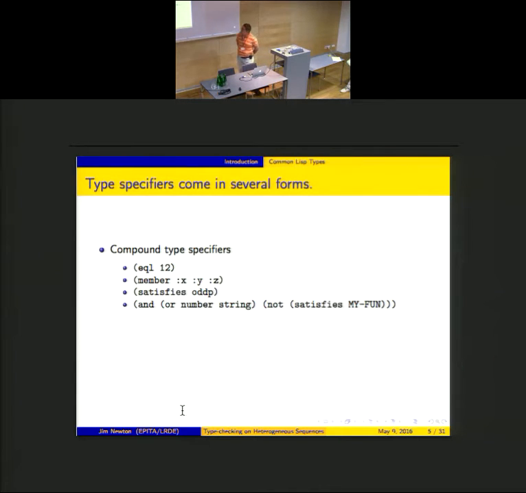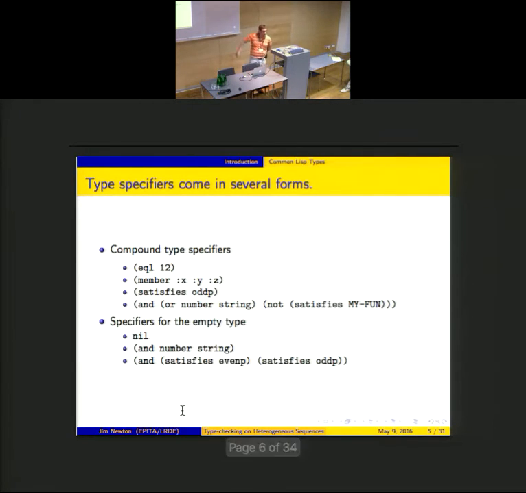The satisfies oddp is a type which contains all of the odd integers, and specifically it defines the type which contains every object in Common Lisp for which oddp returns true. And then you can combine arbitrarily complexly using and, or, and not. So the list of all objects which are either a string or a number and fail to satisfy this user function myfun.